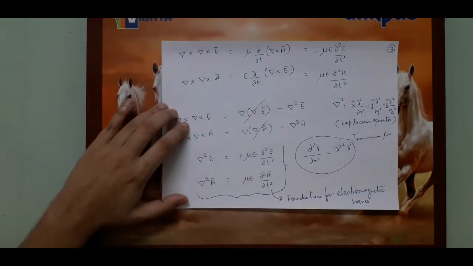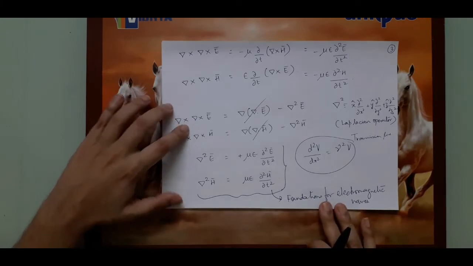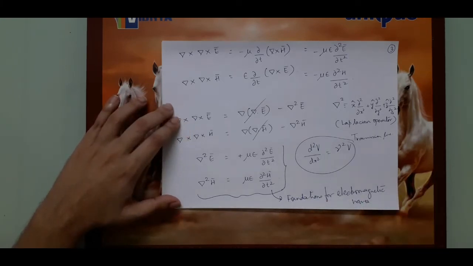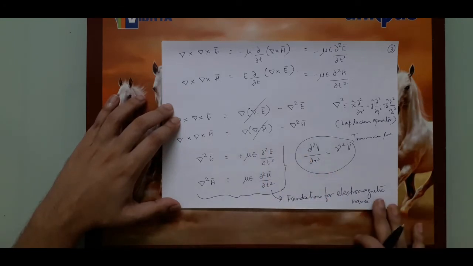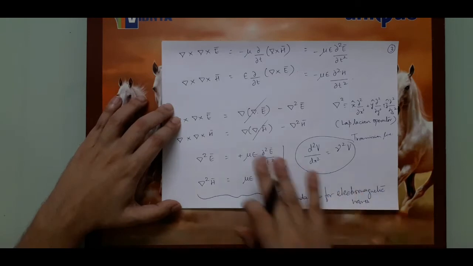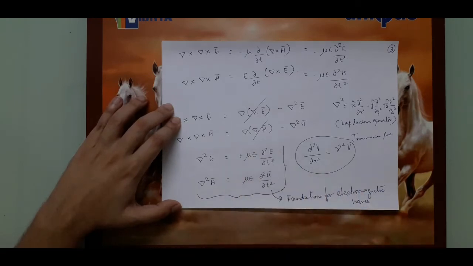But right now, since we are saying that let us assume that the sources or the cause which are causing the electric field and magnetic field are time varying, let us not do away with time. In fact, let us put the time variable.